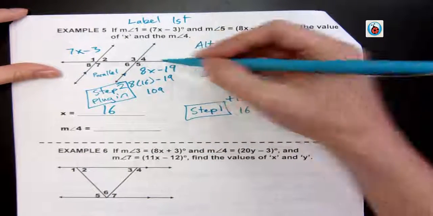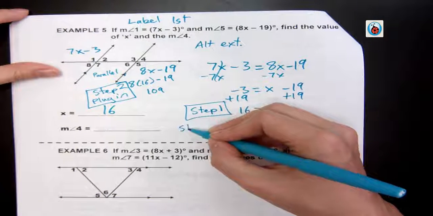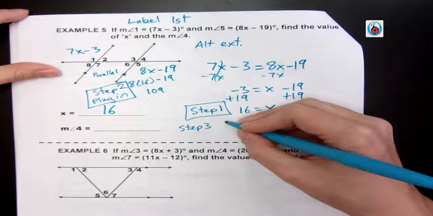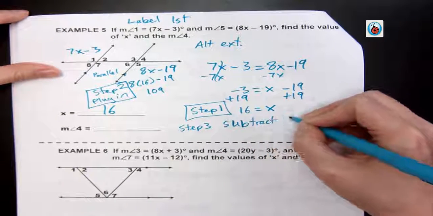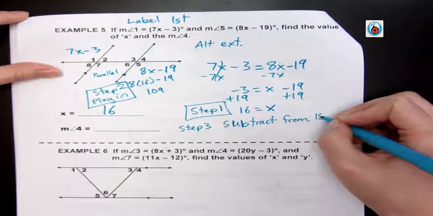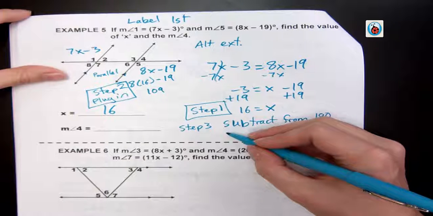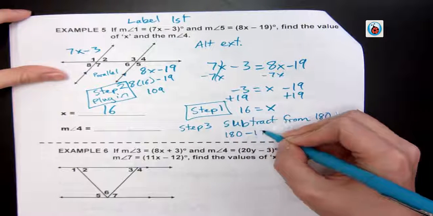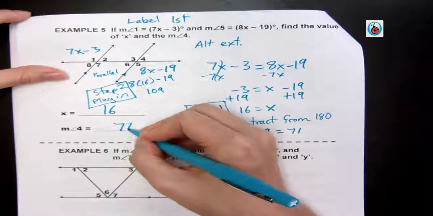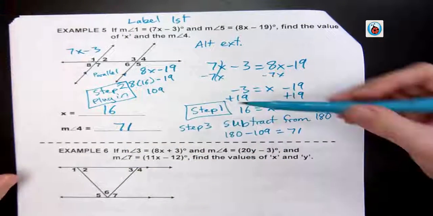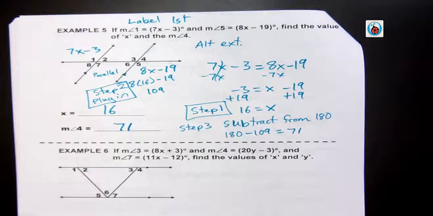And then it asks me for angle 4, so step 3 is subtract from 180, because I know that 4 and 5 are a linear pair. And so I do 180 minus 109 to get 71. So when asked to solve for an angle, sometimes we have to do another two steps, sometimes we have to plug it in and subtract to find our angle.